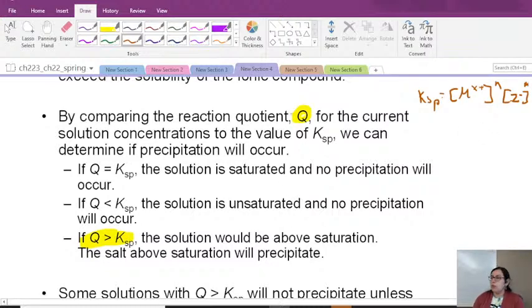Obviously Q is the same formula as KSP, just our snapshot. I'm trying to emphasize that. We use the same formula, we're just taking it at a certain snapshot, to figure out whether it's forming a precipitate, not forming a precipitate, or right at that line.